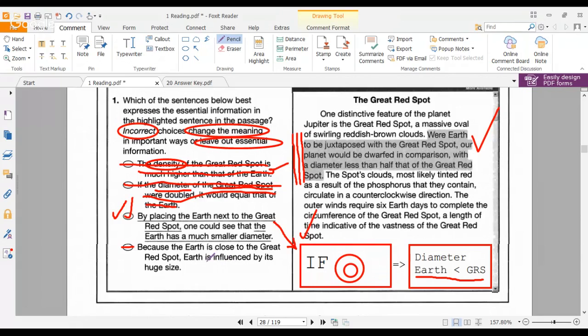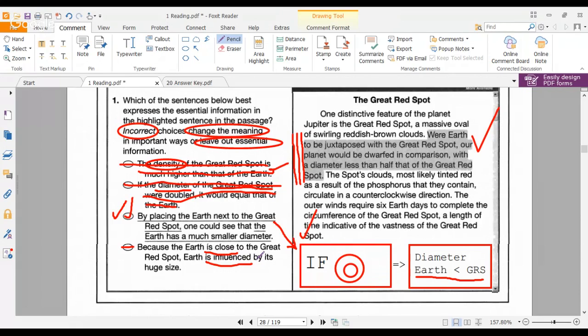Okay, so in the original sentence they don't talk about closeness, right? How do you understand the meaning of this adjective, close? They're close, they're next to each other, they're near. Is it true? Does juxtapose mean that the Earth, which we live on, is next to the Great Red Spot?